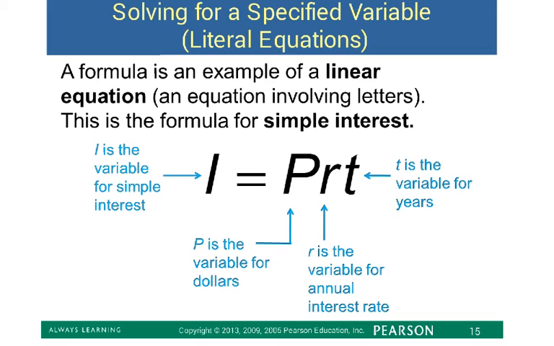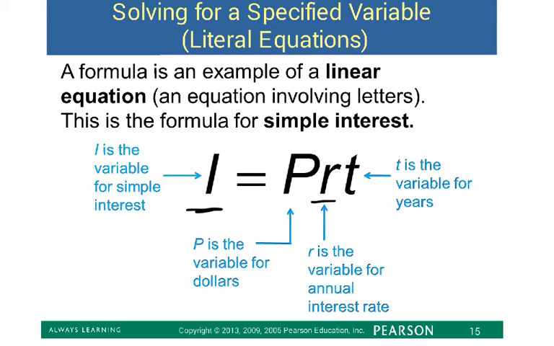In this simple interest formula, I is known as the variable for simple interest, and P is known as the principal. And this value is often going to be stated in a number of dollars. R is our rate, and you'll often find this by a number in the word problem followed by a percent symbol.